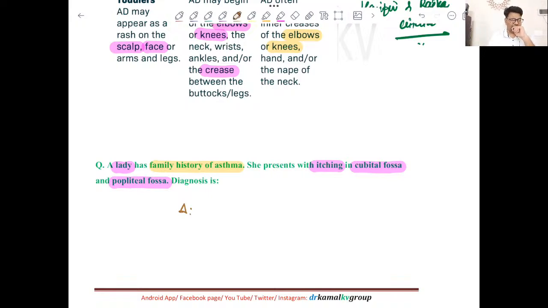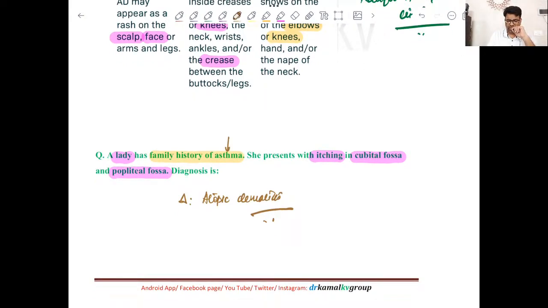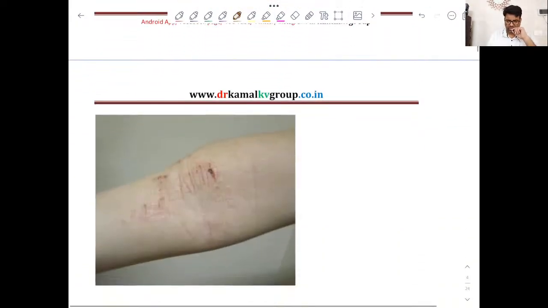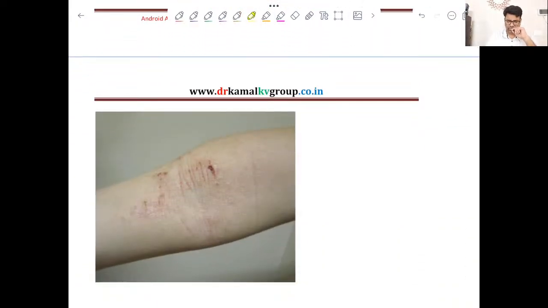So this is nothing except atopic dermatitis. So this is what we have already discussed. Yes, Shanwaz, absolutely right. The history of asthma, itching, atopic dermatitis, straight away. Right? So this is how the patient usually presents to us, and there is so much of itching, right?